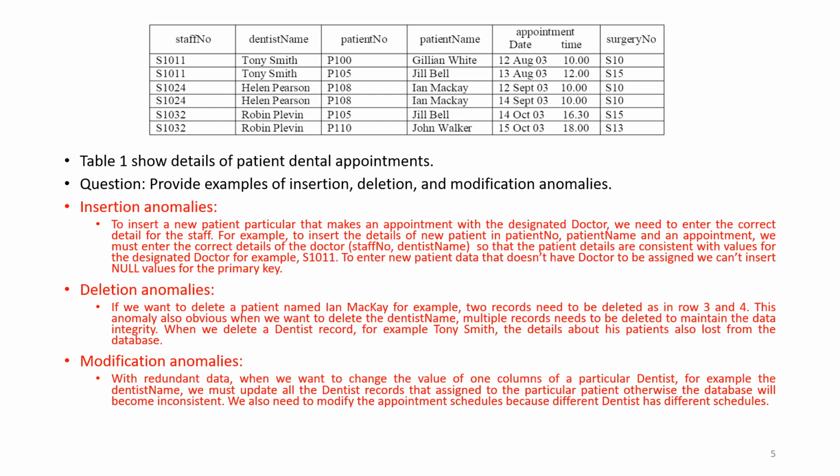For the insertion anomalies, based on the given table, to insert a new patient that makes an appointment with a designated doctor, we need to enter the correct details for the staff. For example, to insert the details of a new patient in patient and appointment, we must enter the correct details for the doctor, staff number, and dentist name, so that the patient details are consistent with the values for the designated number.